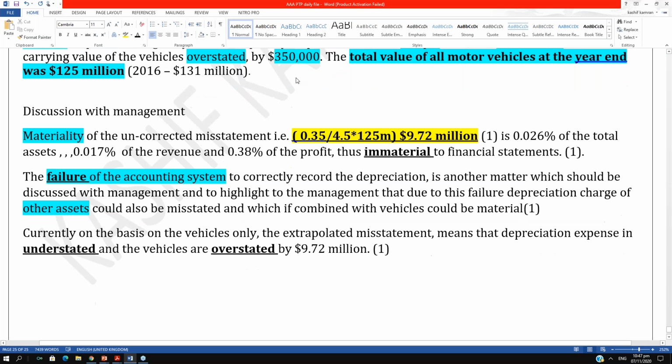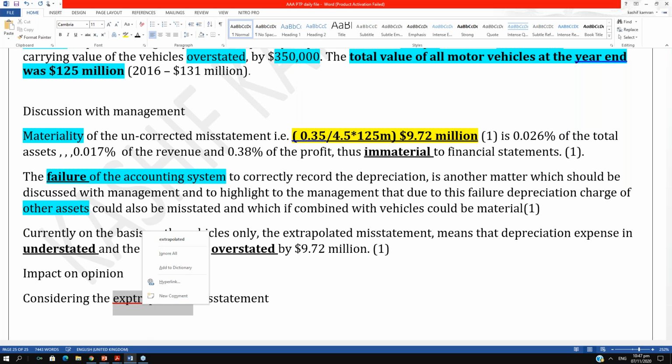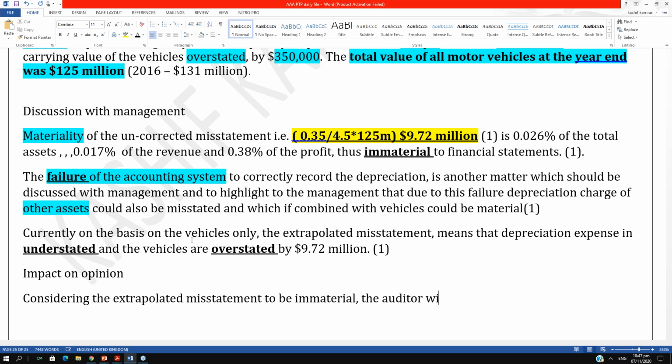Okay, should we discuss impact on opinion now? Considering the extrapolated misstatement to be immaterial, the auditor will issue an unqualified opinion on the financial statements.